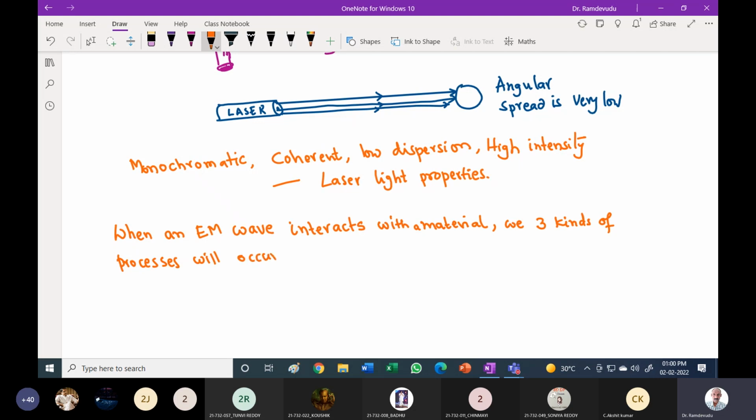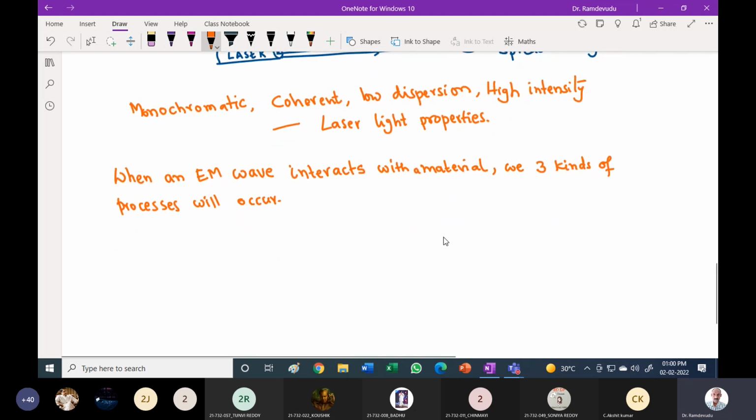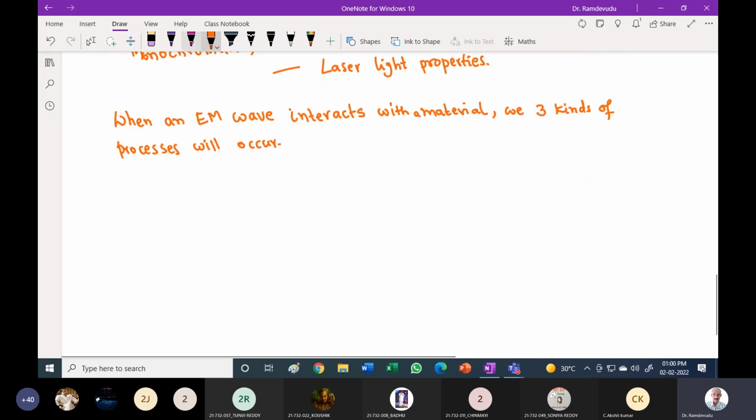We have to look in the next class at what these processes are and how they work. So I list the processes, but in the next class we'll see in detail about this.